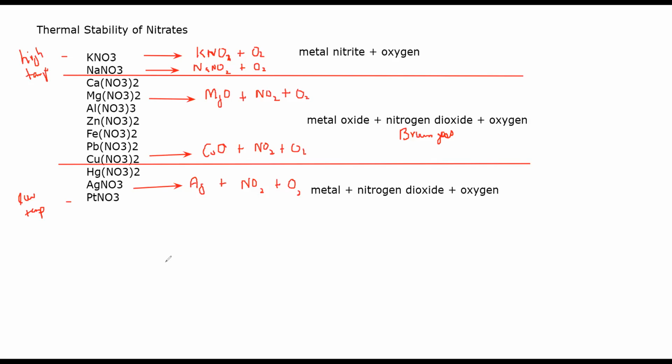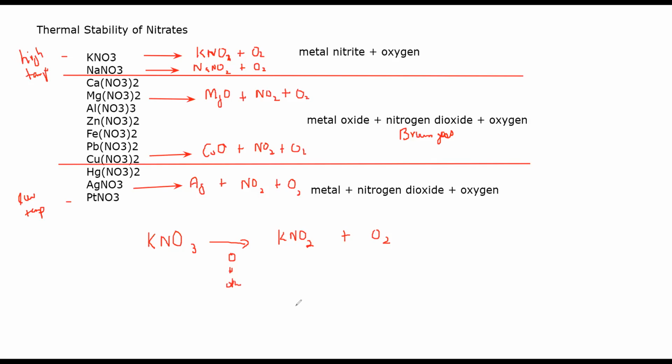Now, to balance the equation, this table you have to learn. For example, if you want to balance the equation, potassium nitrate decomposes to form potassium nitrite plus oxygen. Whenever we want to balance, we always start with oxygen, followed by hydrogen, and then the other elements.